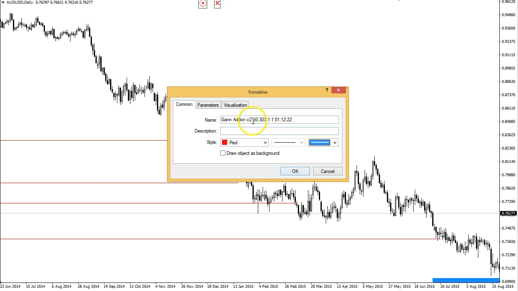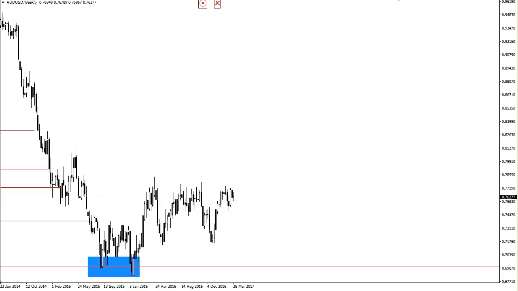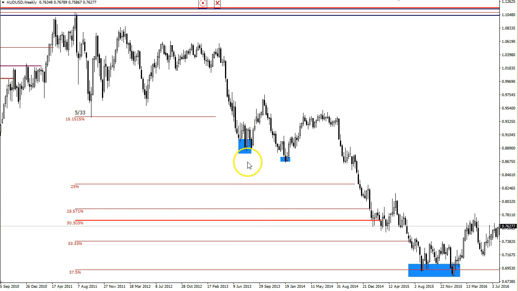This is 30.3030. You can see that once we reached it, we were trying to break out, then we had like 185 pips to the upside, and then it broke. So it's worth watching when you have a double percentage.